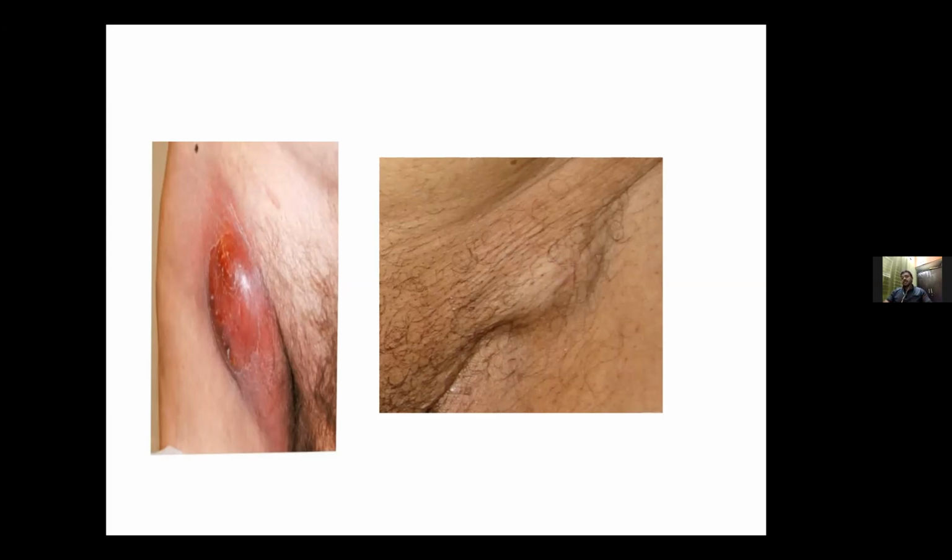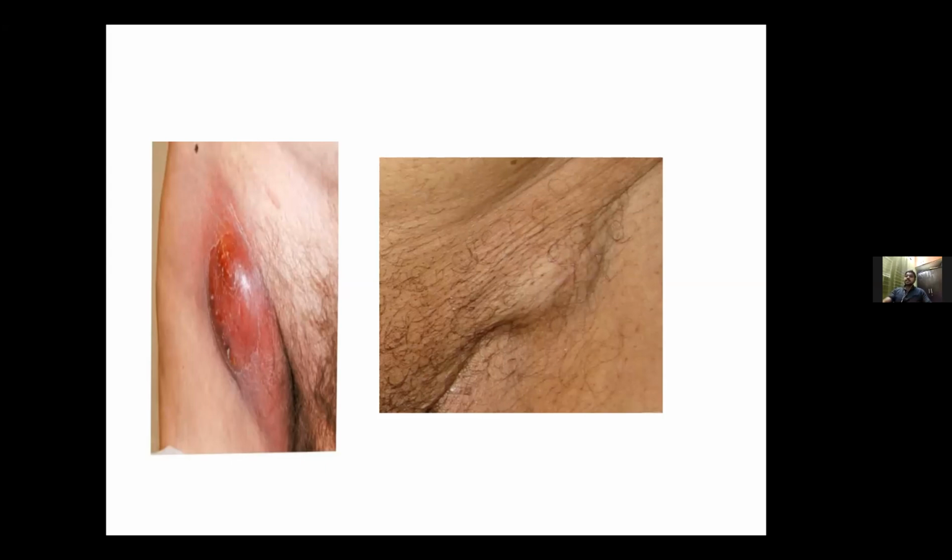In the last mentioned conditions, the patient usually tells that the swelling has gradually increased in size, and if a clinician asks for a cough impulse, the cough impulse is also present, which leads to misdiagnosis.